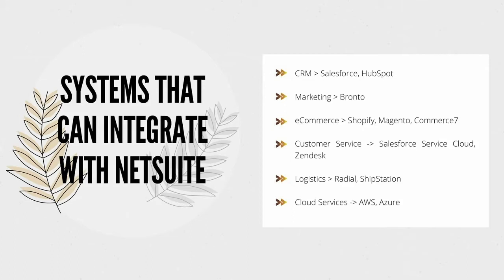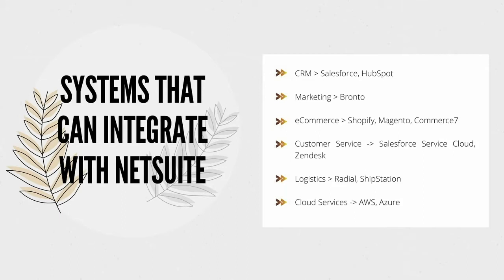E-commerce is Shopify, Magento, Commerce7. Customer service is Salesforce Service Cloud, Zendesk. On the logistics side, we have Radial and ShipStation that we can integrate with. And on cloud services, AWS, Azure. NetSuite can also integrate with point of sale systems like Square and Upserve, and the list goes on.